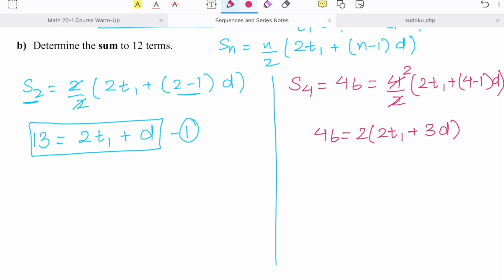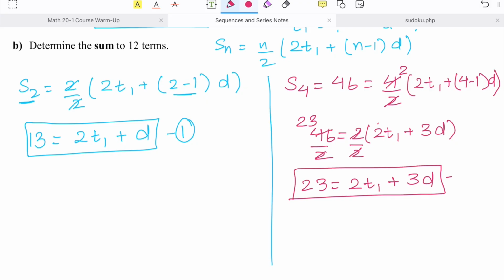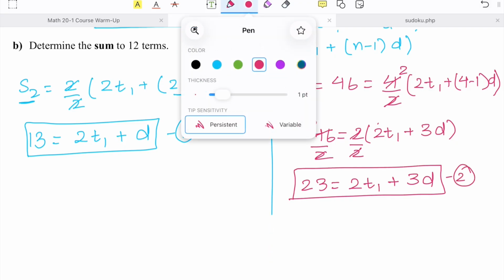Now we can actually just divide both sides by 2, which gives me 23. So 23 is equal to 2t1 plus 3d. And that's my second equation. Okay? Questions so far?